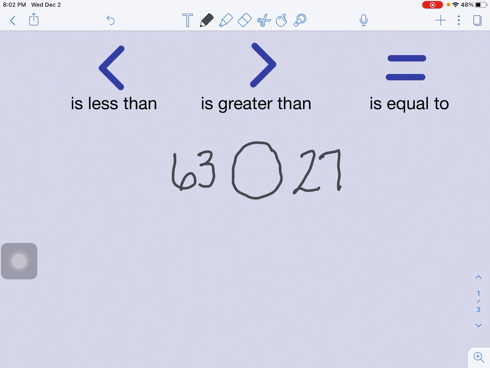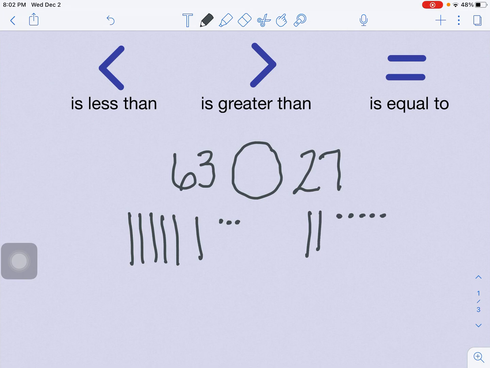If you're not sure again, please draw that picture out. 10, 20, 30, 40, 50, 60, and 3, and 10, 20, 21, 22, 23, 24, 25, 26, and 27. Oh, there's no hundreds to compare here. So now I'm going to look to that tens place. Here I have 6 tens and 2 tens. 6 tens is obviously larger, so we're going to go with the greater than.